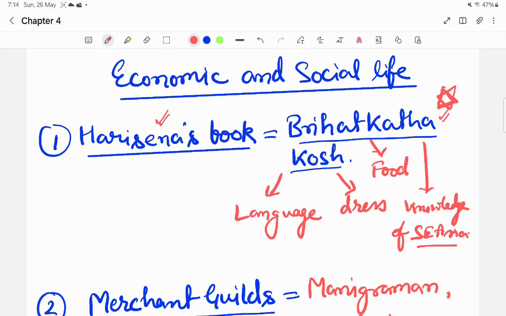So Brihat Katha Kosh was giving the information on language of that period, about the dresses, about the food and about the knowledge of Southeast Asia.